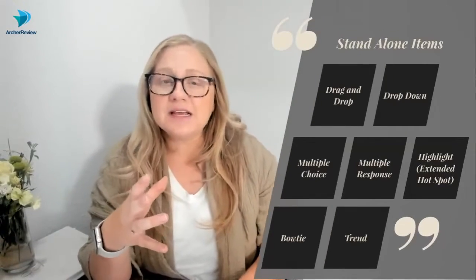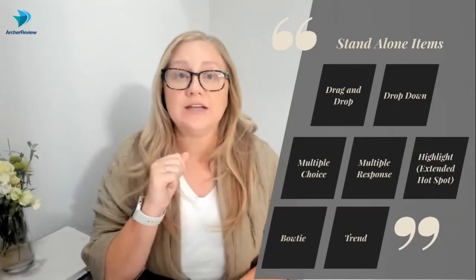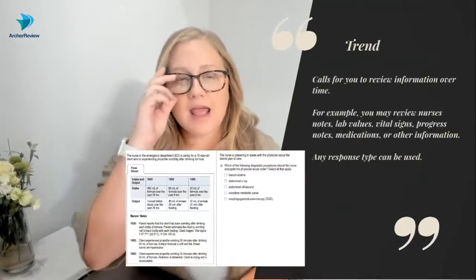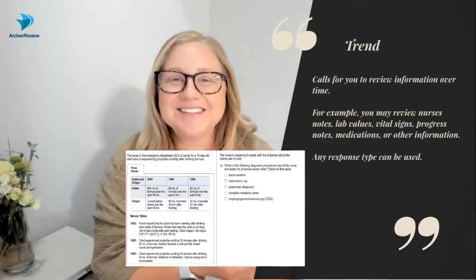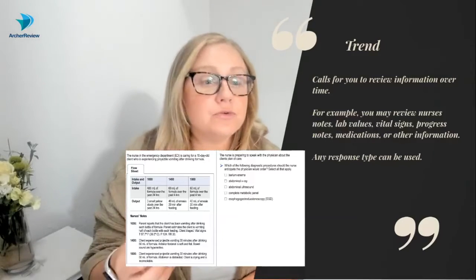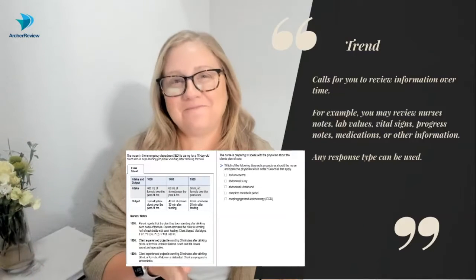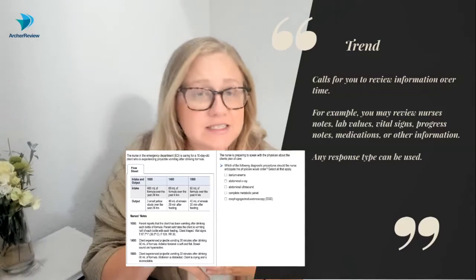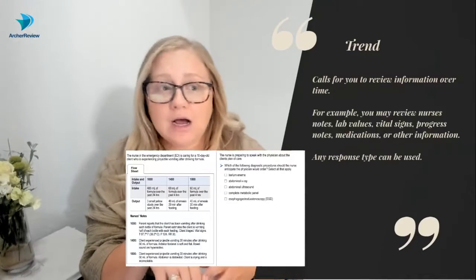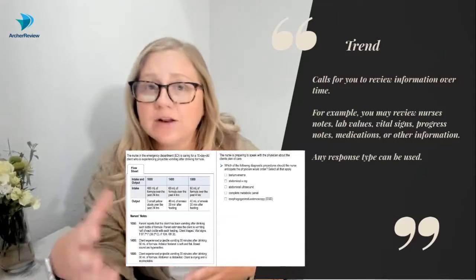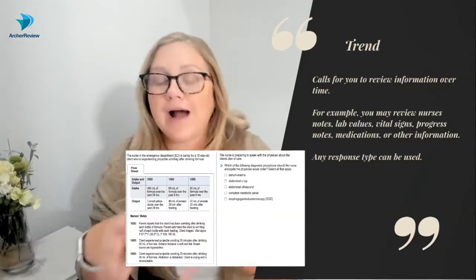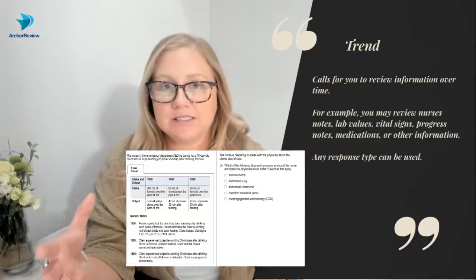The last item is what the test writers are calling a trend item. And all they mean by that is that the item is requiring you to review and analyze information over time. So you might be asked to review a nursing note, assessment findings, vital signs, labs, evaluate a change in a patient.